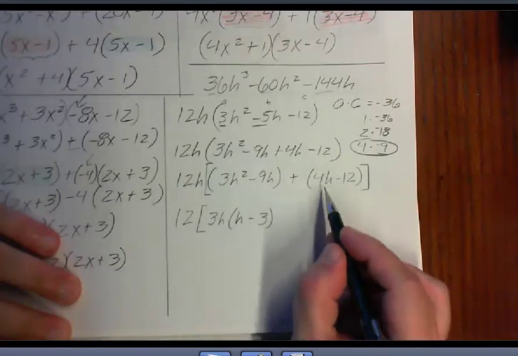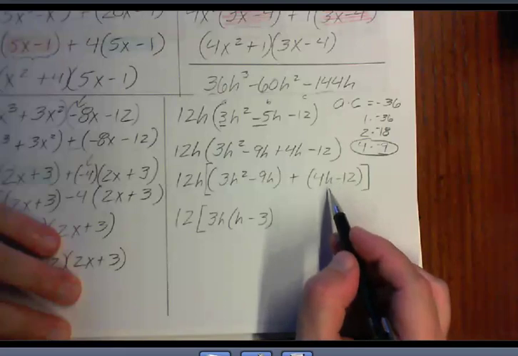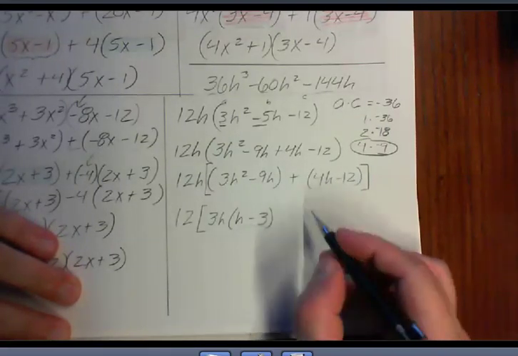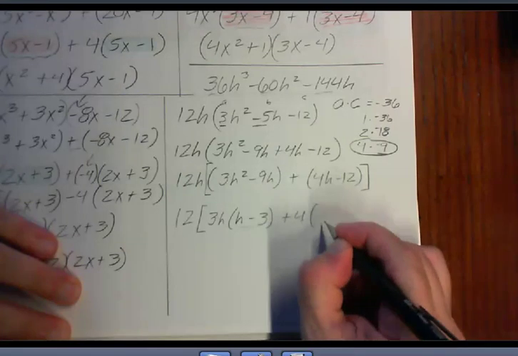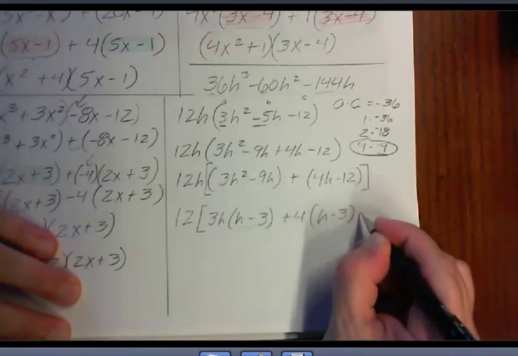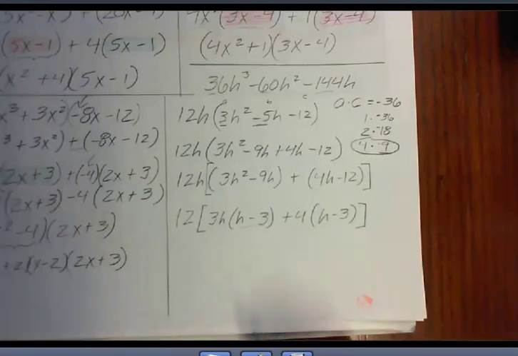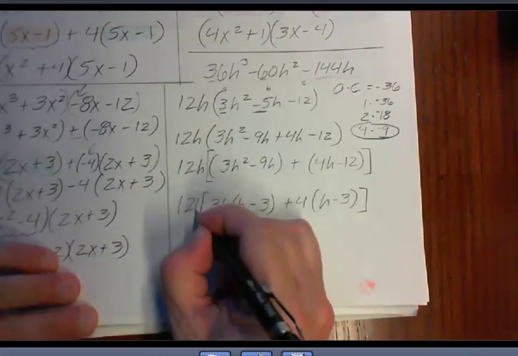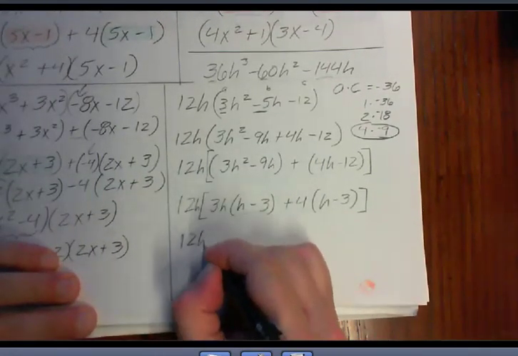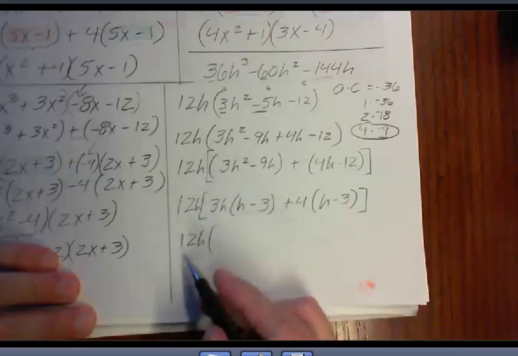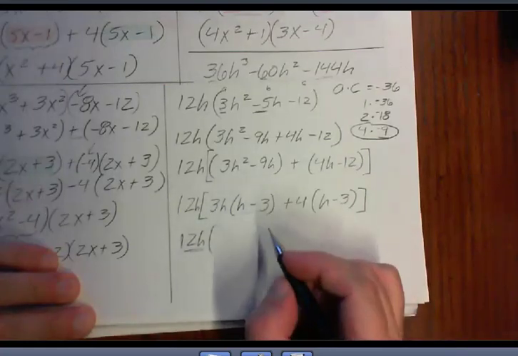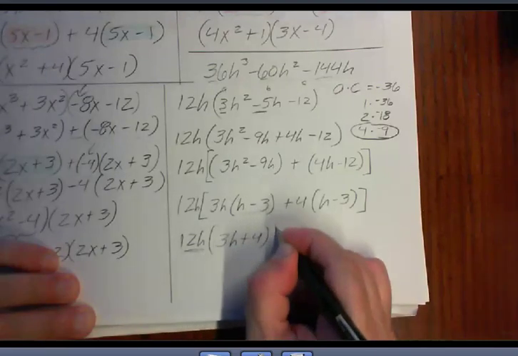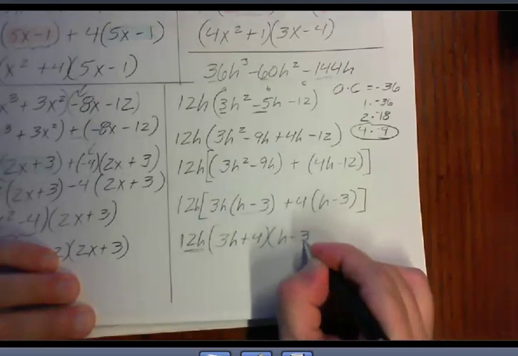And then from this group on the right, I want to have h minus 3, remember? So if I pull out that 4, I'll be left with h minus 3 in the parentheses. So it works out perfectly for me. And from here, we'll just have 12h. Always remember to keep that GCF out in front here. 12h times 3h plus 4 times h minus 3.